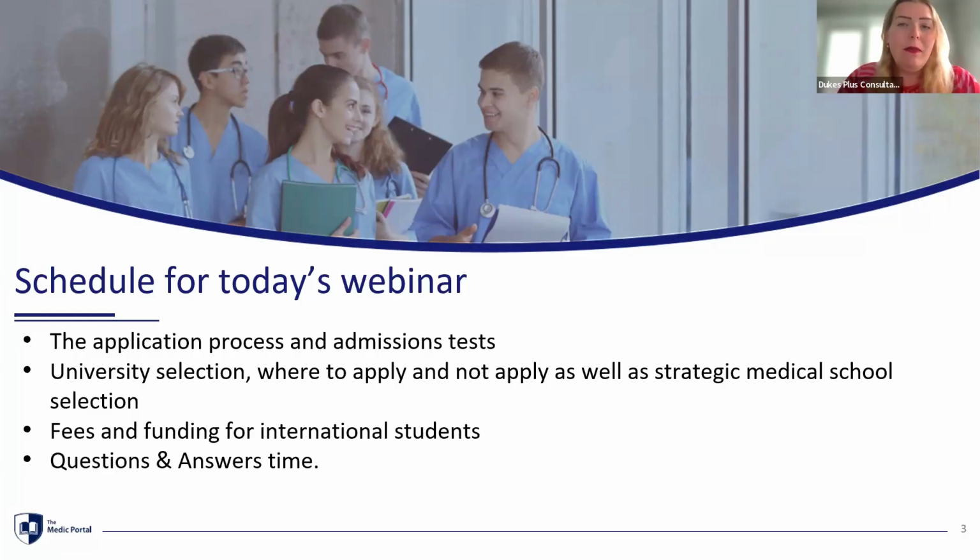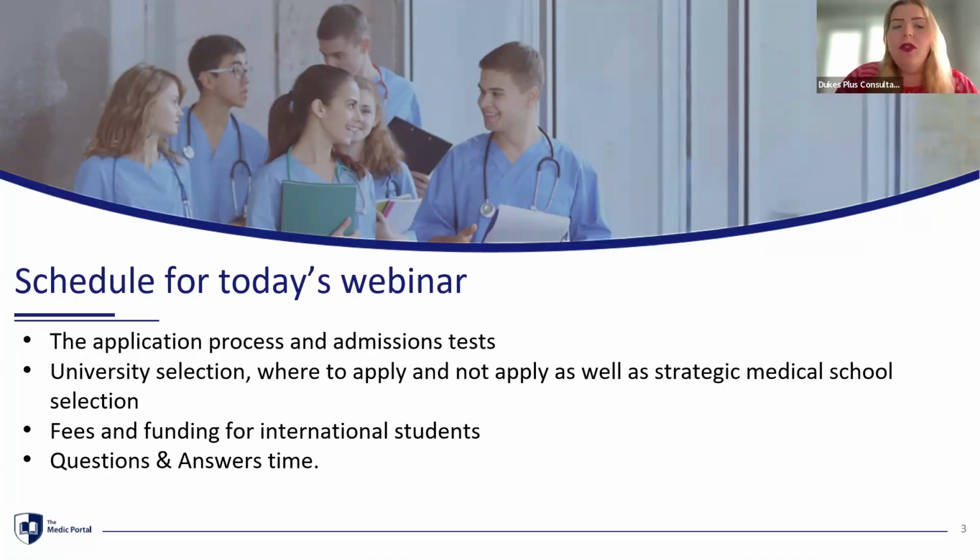But the key areas we are speaking about in advance of that is just a bit of an introduction to the application process and the admissions tests ahead, just to give context as to what the process is like for you. You might be unfamiliar with the UK admissions application landscape, and that's totally fine. We will be here to demystify that this evening.